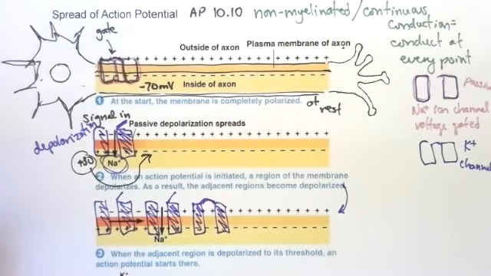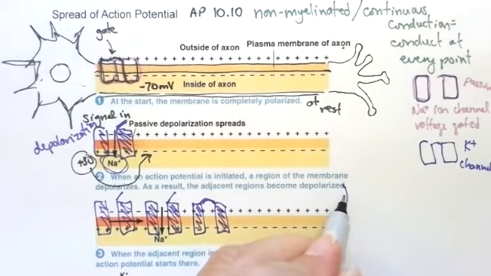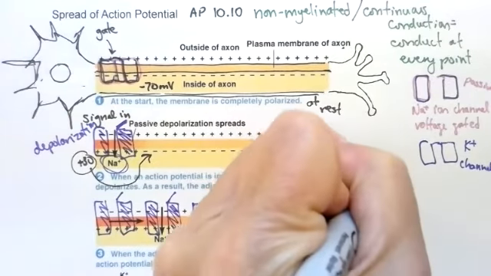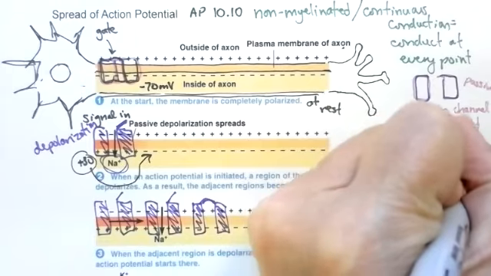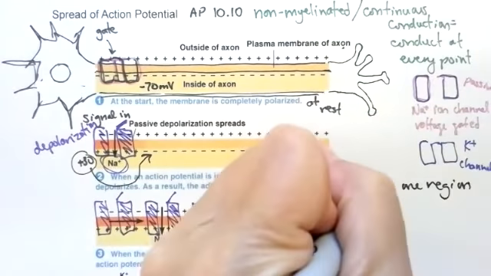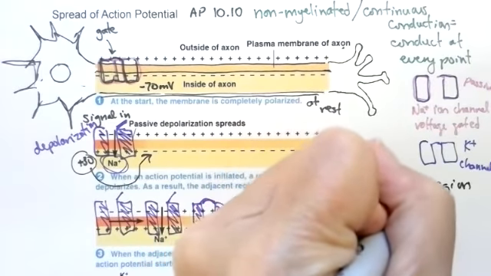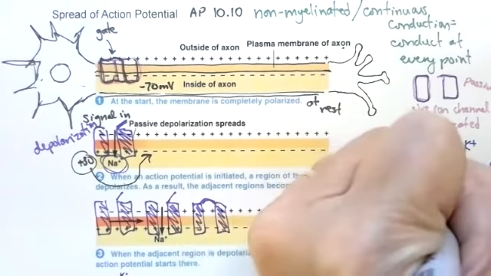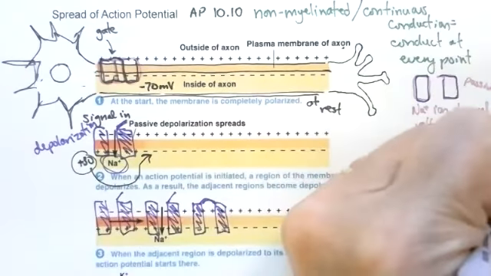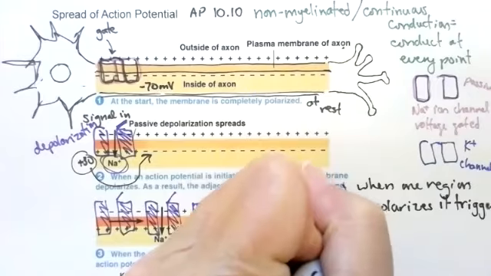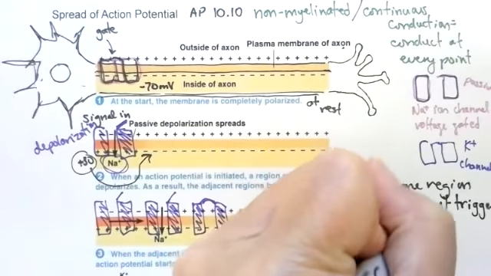So when the first region depolarizes, the adjacent regions become depolarized. It means when one region depolarizes, it triggers the next region.